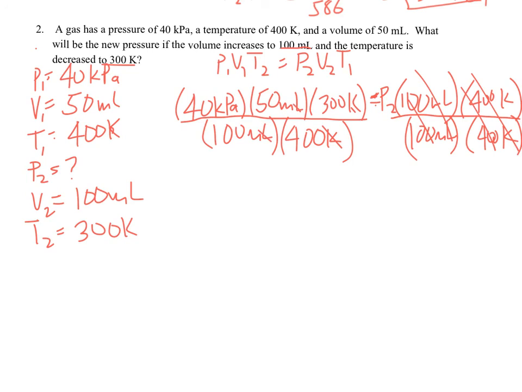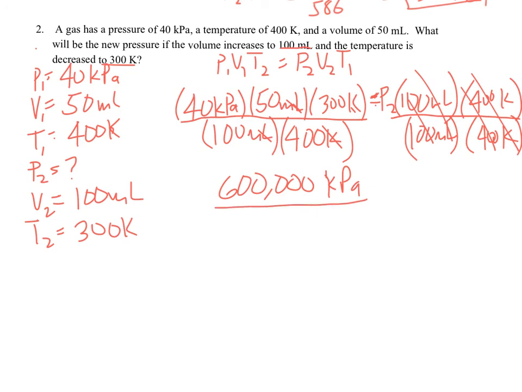And now I just do the math. I plug the numbers into the calculator, or if you're really sharp, there's a lot of zeros in here. You can start canceling out zeros if you'd like, but the easiest way to do it is just to multiply 40 times 50 times 300, and you get 600,000. And of course, the only units that are left are the kPa.